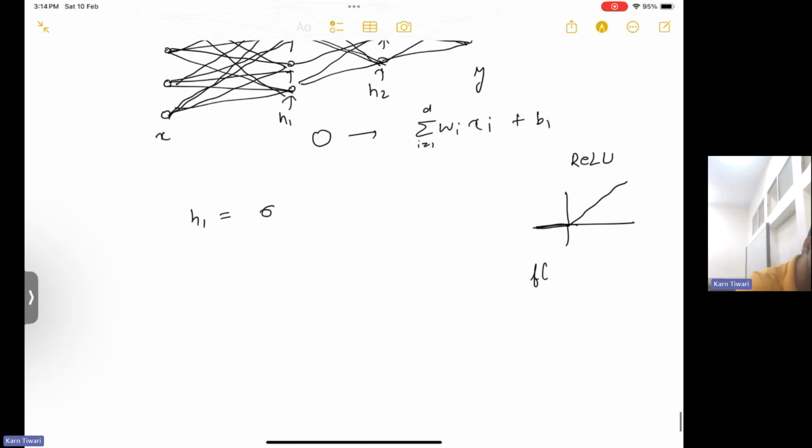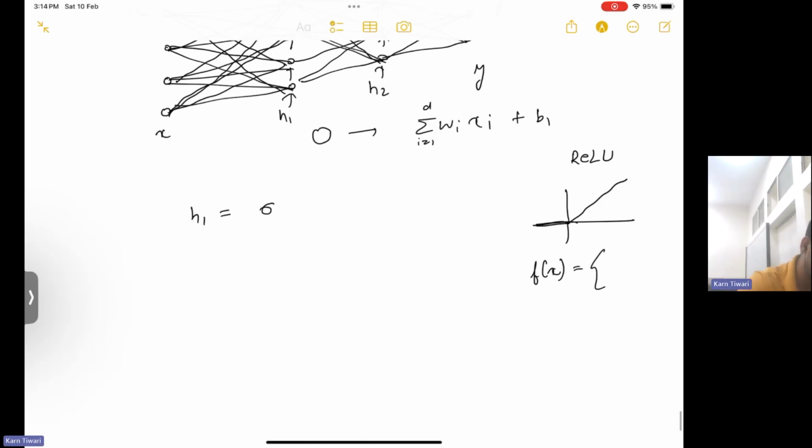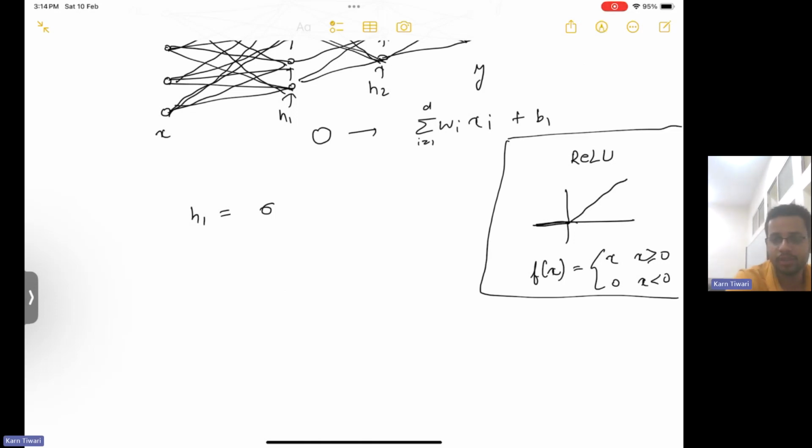Mathematically, f(x) = x if x is greater than or equal to 0, and 0 if x is less than 0. This is the most commonly used activation function in today's architectures, as it is much faster to compute than a sigmoid, where we need to differentiate and substitute the value at every point. From the computational point of view, it's very easy.